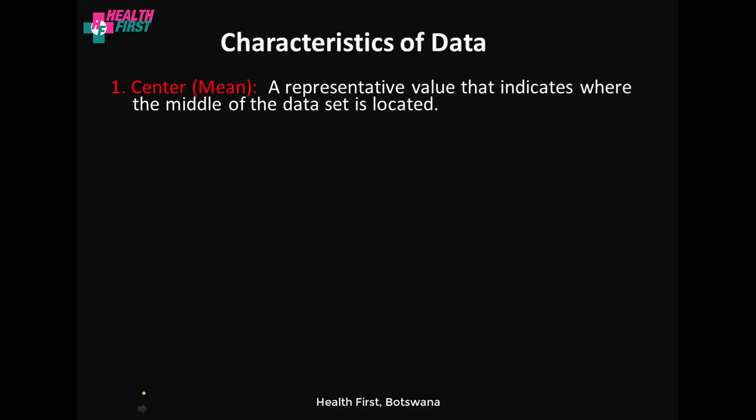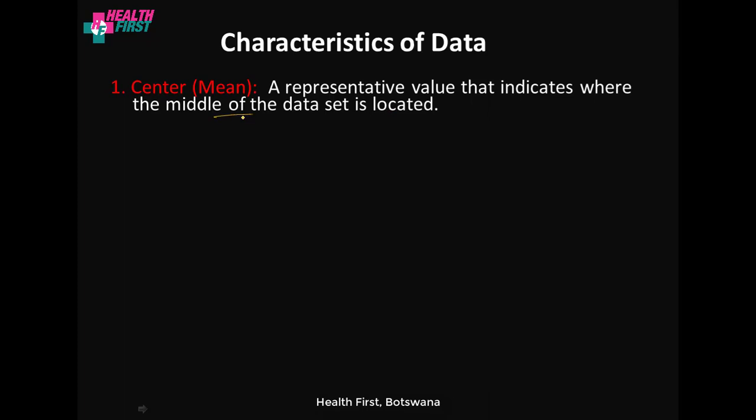Okay, so in dealing with data, it is important, especially for descriptive purposes, to be able to look at 5 characteristics and be able to talk about those characteristics. The first one here is the center of the data. What we mean by center is a representative value that indicates where the middle of that data set is.